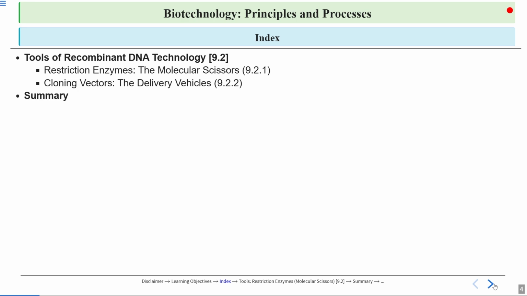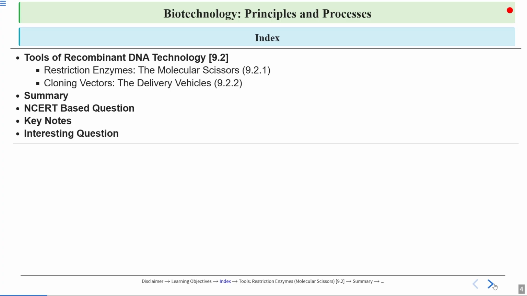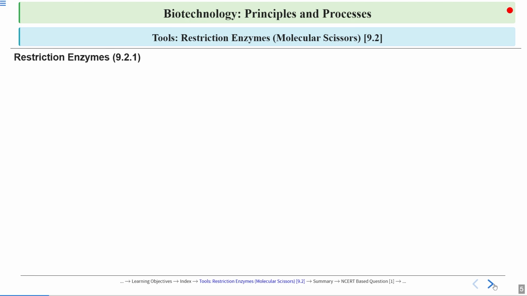Then we will summarize whatever we study in today's slides and tell you about its key features. Then there will be some NCERT based questions. Then there will be a slide on keynotes, and last there will be some interesting questions that you will solve yourself. So let's start.